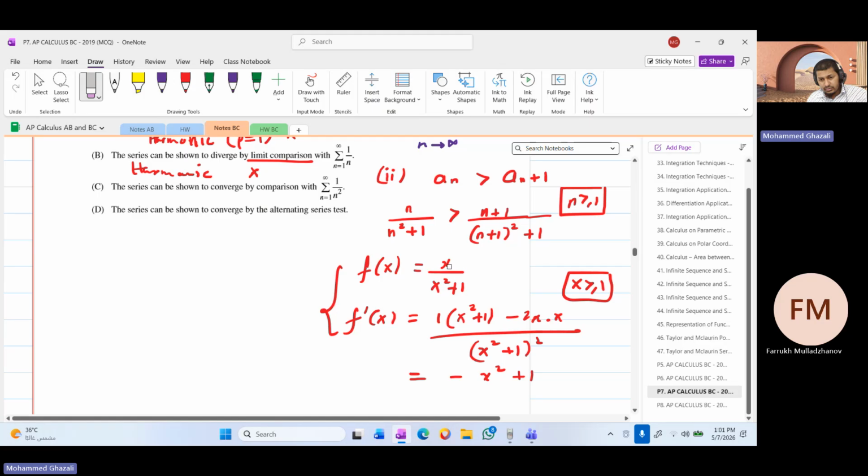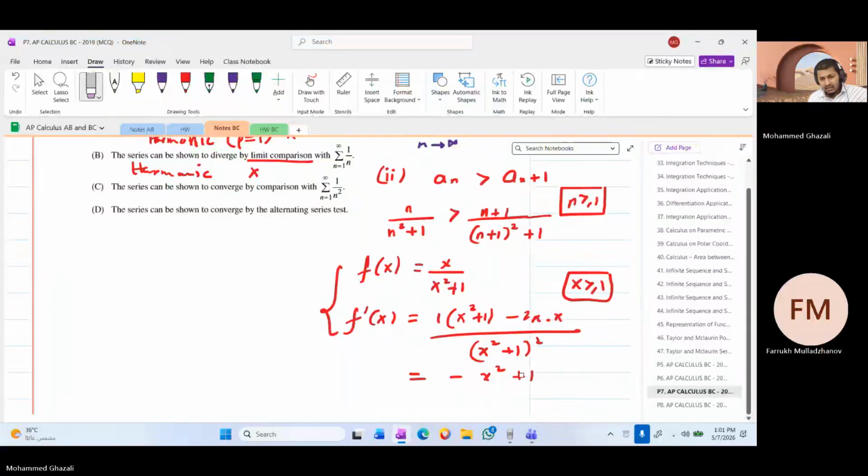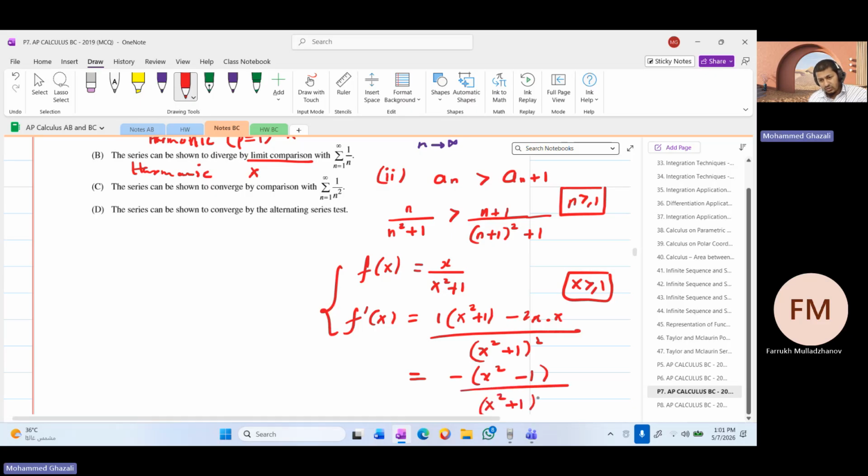So that's x squared minus 2x squared, which is negative x squared. Let me put it in this form: negative x squared plus 1, over x squared plus 1 all squared.